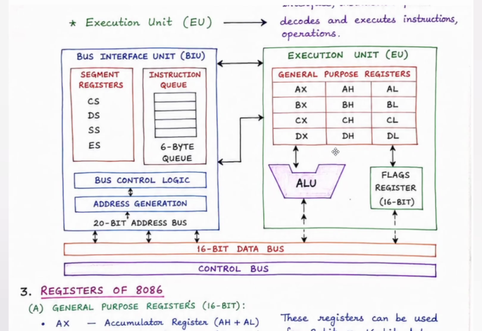We discussed important blocks such as segment registers, instruction queue, general purpose registers, pointers, and index registers. An easy way to remember: bus interface unit means fetching, and execution unit means execute.